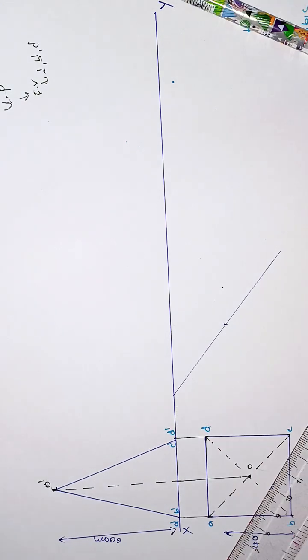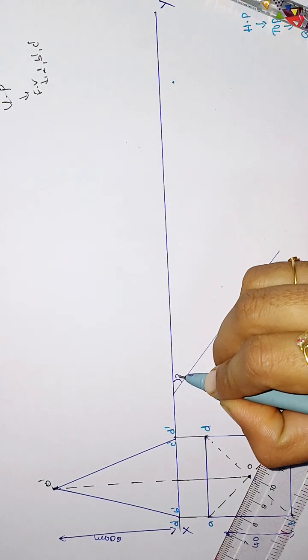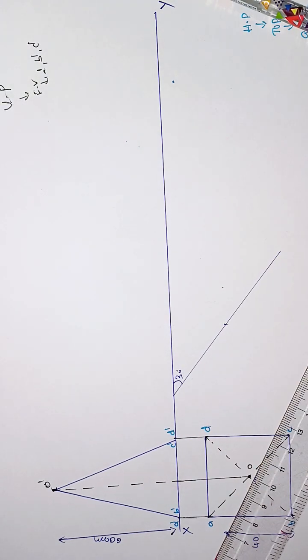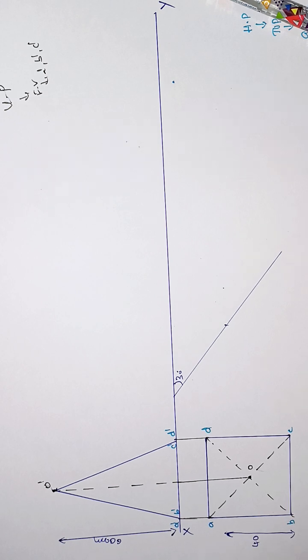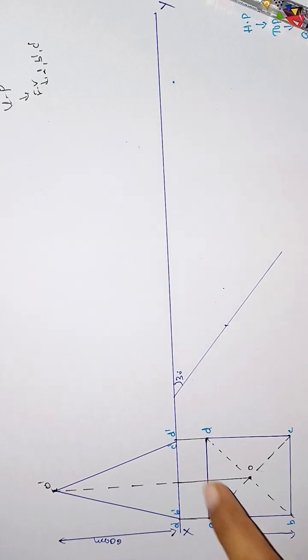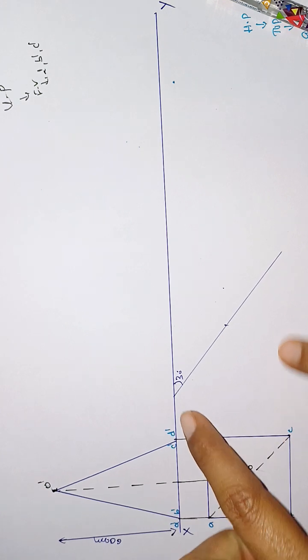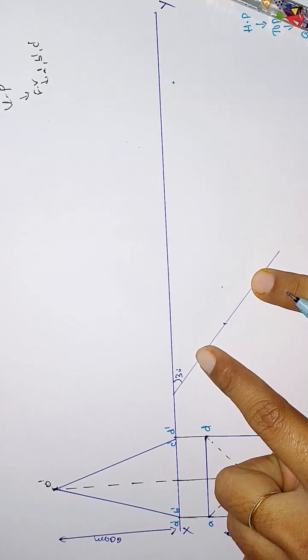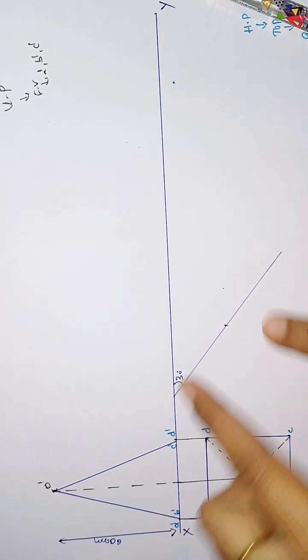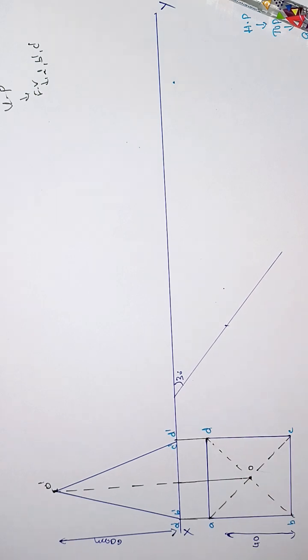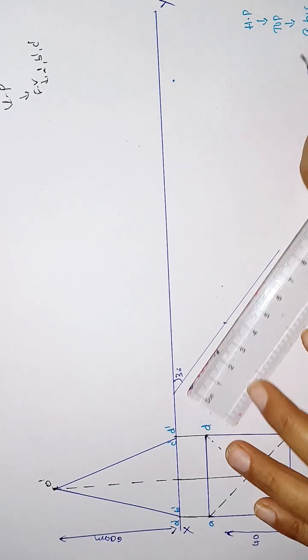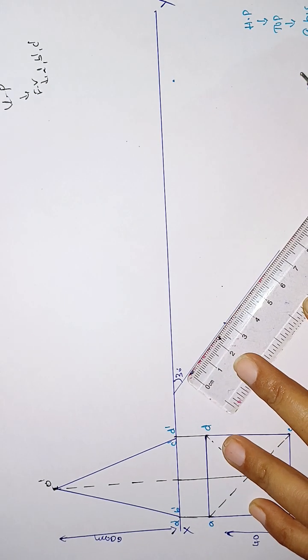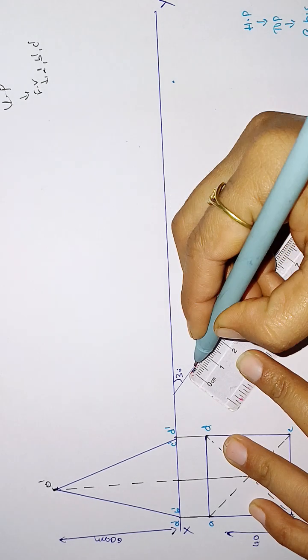Draw the light line, then mark the 30 degrees, then place any side of the base. So I am mentioning here D and C. This D and C I am placing at a 30 degrees angle. The side D and C is 40.